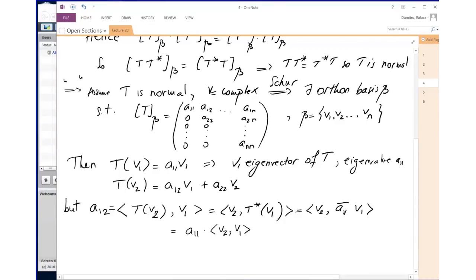So we get the conjugate of A11 times the inner product between V2 and V1. And the basis was orthonormal, so in particular orthogonal.